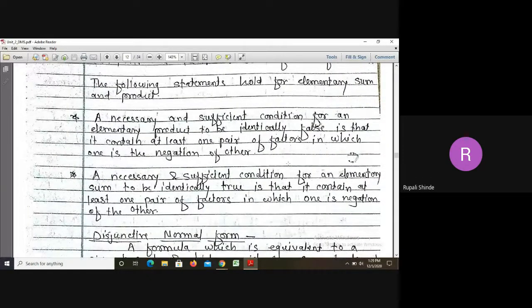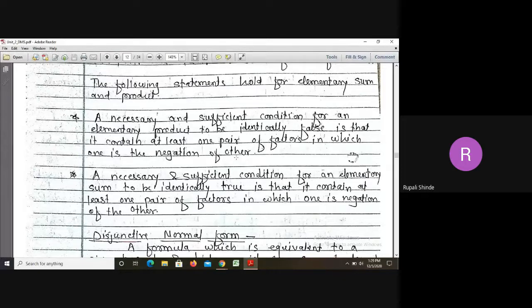Now they have given the necessary and sufficient condition for an elementary product. A necessary and sufficient condition for an elementary product to be identically false is that it contains at least one pair of factors in which one is the negation of the other.